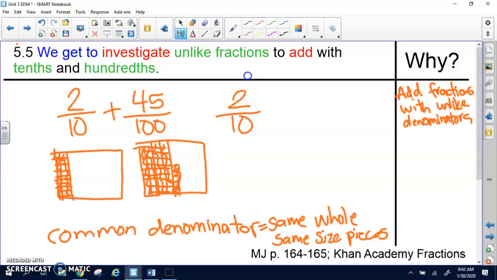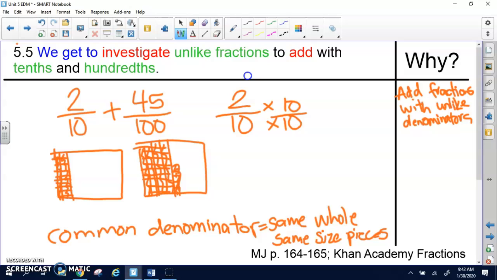I had to divide each of the tenths into 10 pieces to create hundredths. In a multiplication problem, this looks like multiplying by 10 tenths. What is 10 tenths? Everybody tell me.